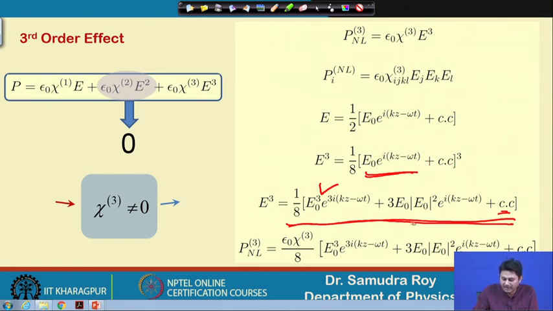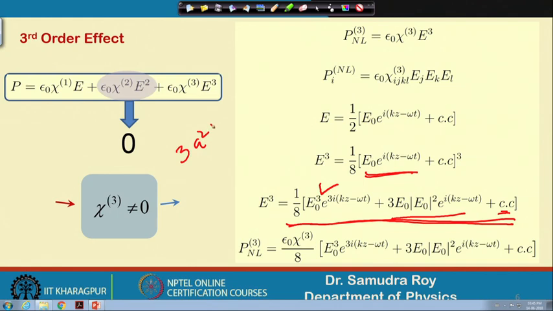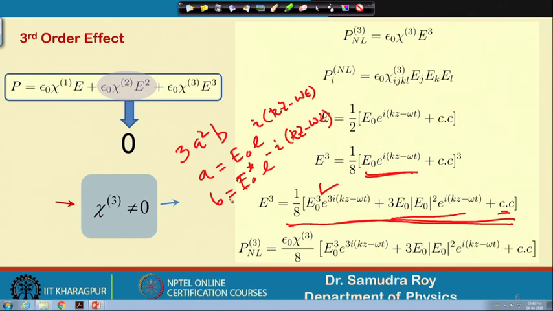If my a is E 0 e to the power i(kz minus omega t), and my b is E 0 star e to the power of minus i(kz minus omega t), then if I multiply these two, making a square and b, I will have one term which is mod of E 0 square, because the complex conjugate is multiplied with this, and another term which is simply E 0 e to the power i(kz minus omega t). Exactly the same thing is done here. So, I will get this term.